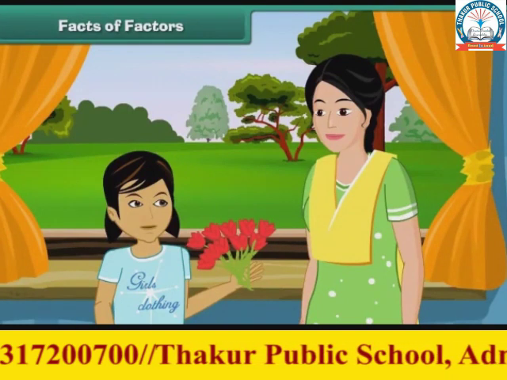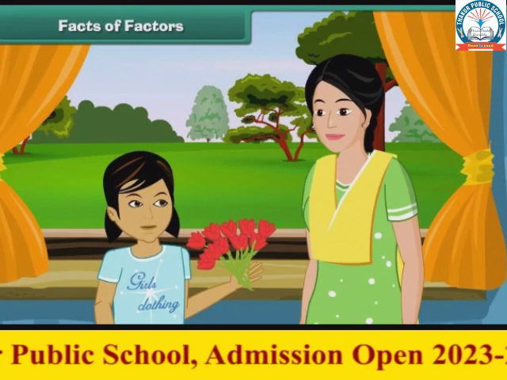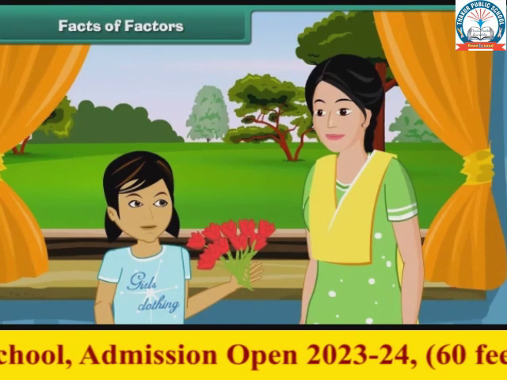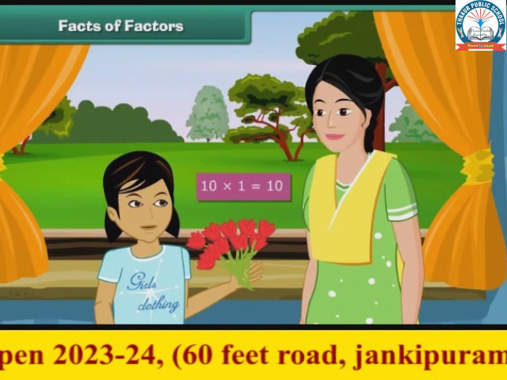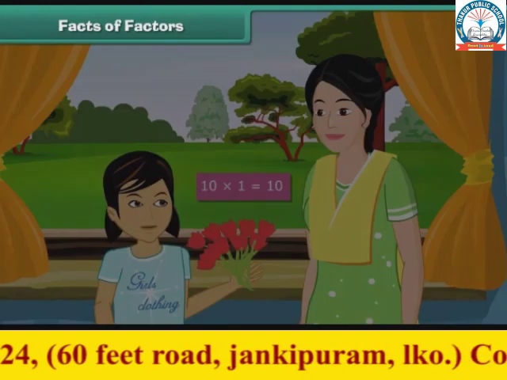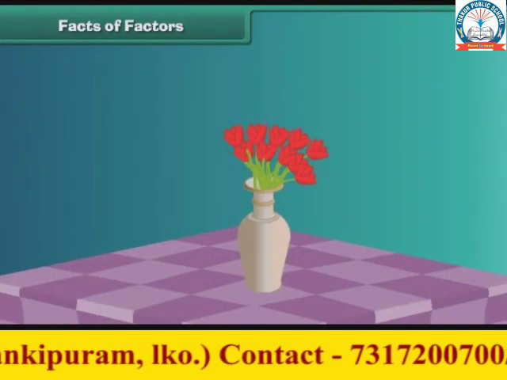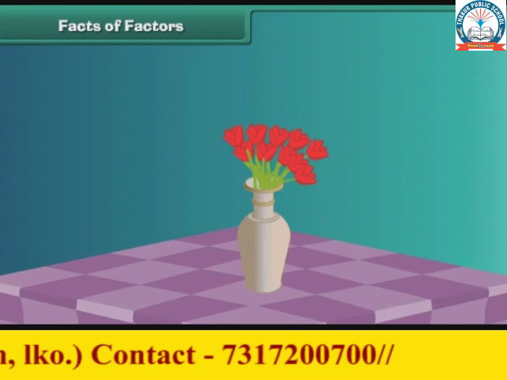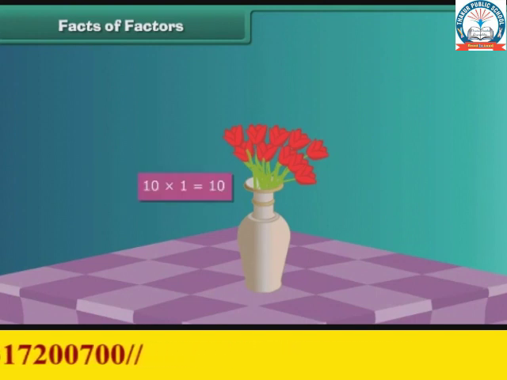Facts of factors. Let us now look at some interesting facts about factors. Prerna gifts her mother a bunch of 10 red roses on her birthday. Prerna's mother arranges them all in a single flower vase. We can express this arrangement as 10 multiplied by 1 is equal to 10.